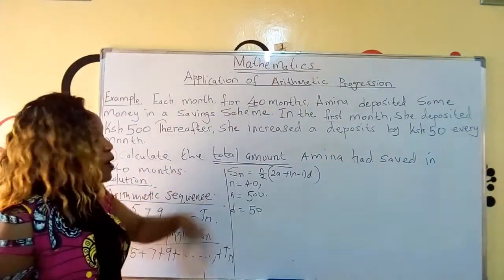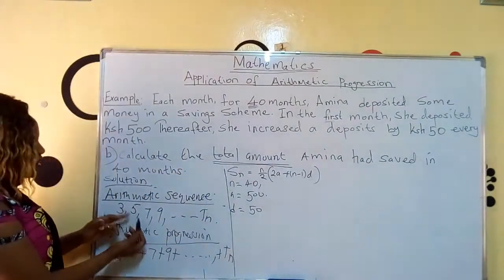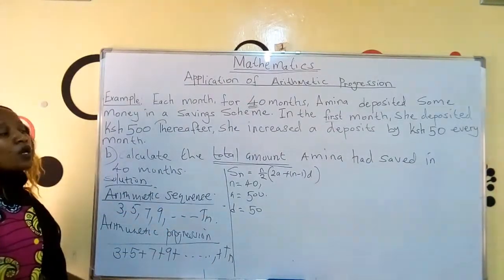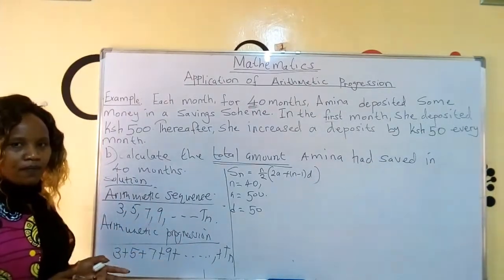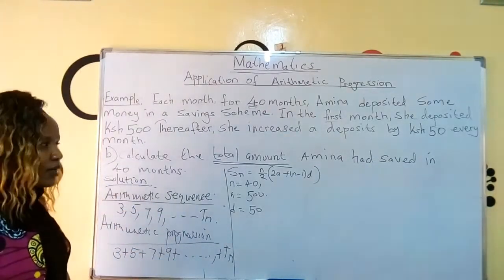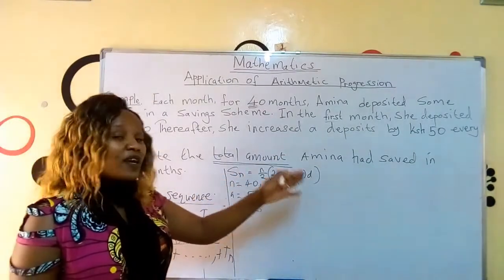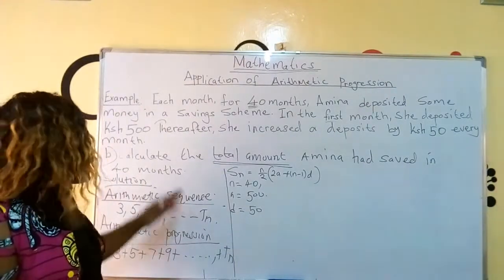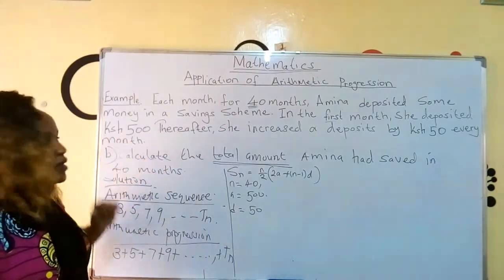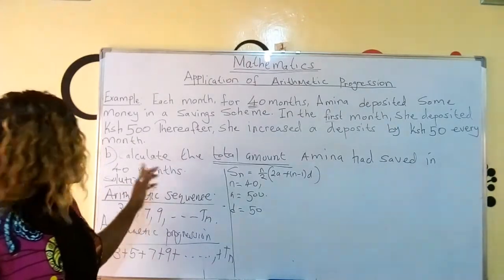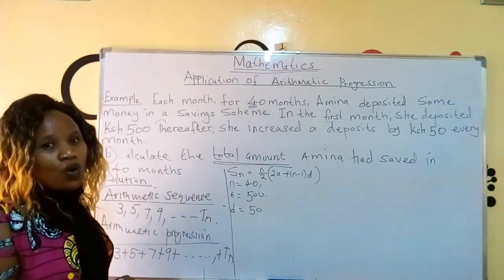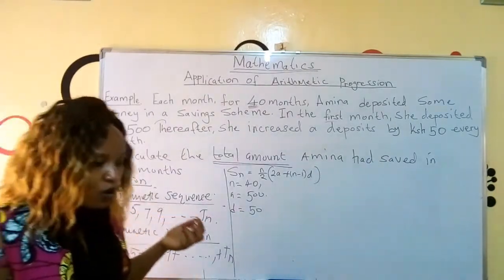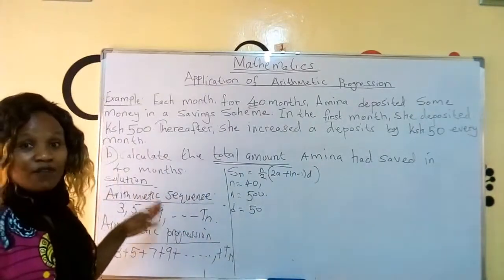So we want to know the total amount of money. When we add 3 plus 5 plus 7 plus 9 plus all the way to the last term, what is the sum, or the total amount of money Amina had deposited in 40 months? So starting from the first one to the last one, which we saw in part A, it was 2,450 shillings.